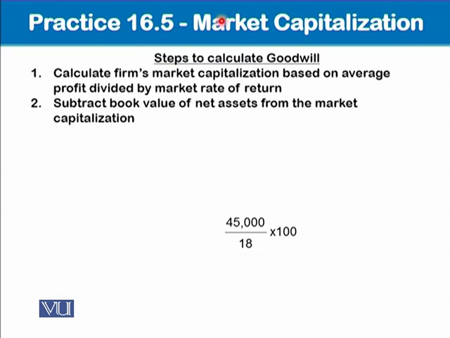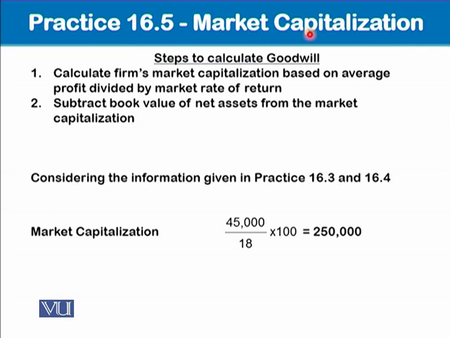Now comes third thing, which is market capitalization method. Here we have 2 steps. Calculate firm's market capitalization based on average profit divided by market rate of return. Okay, and then subtract book value of net assets from the market capitalization. So here we go.